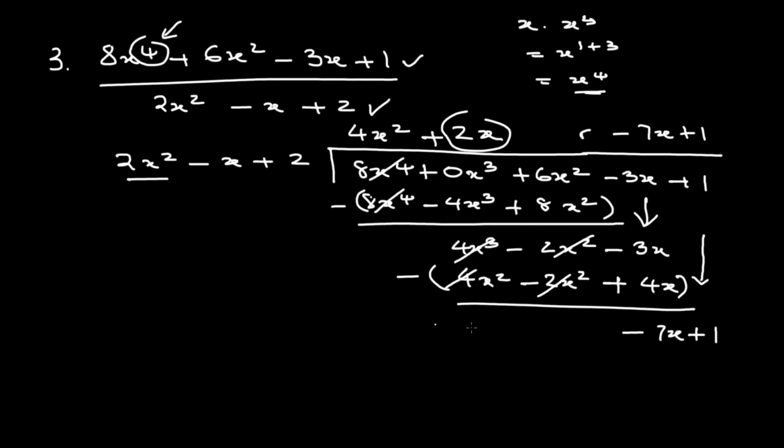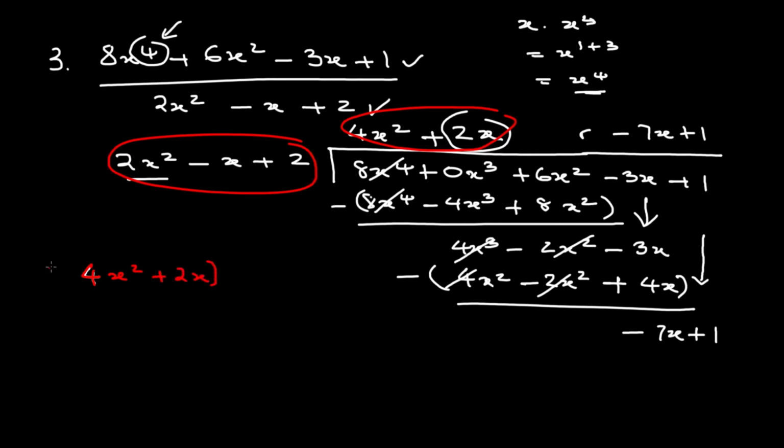So what does this mean to us now? It means that we have a complete polynomial. Now, if I want to write it as a complete polynomial, I can write it like 4, right? Let me write it in different color. I can write it as 4 because I'm looking at factors. What are our factors? It's this one here and that one there. Okay. So 4x squared plus 2x, like that.